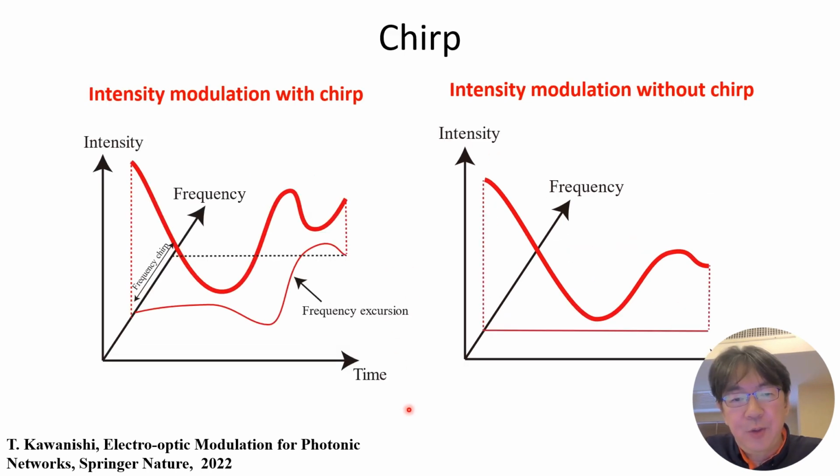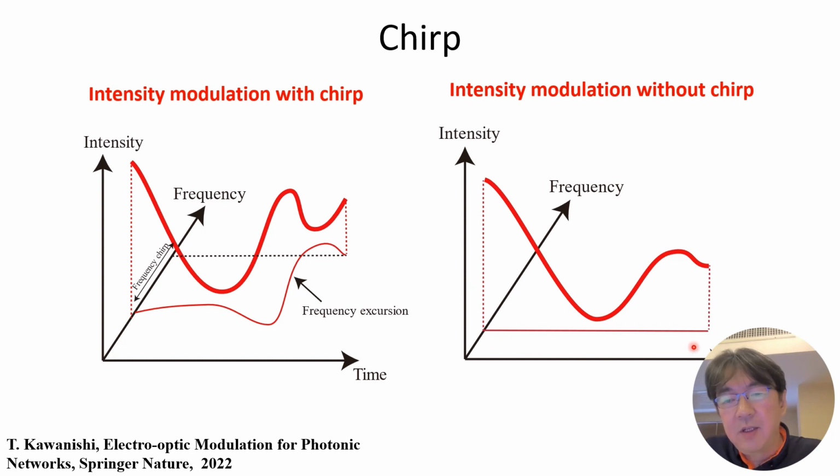Here I'd like to show you some more on the chirp. As I mentioned, if we have the chirp effect, we have some frequency excursion and desired frequency shift. And by using the concept of instantaneous phase, the frequency chirp also will be considered as an undesired phase shift.